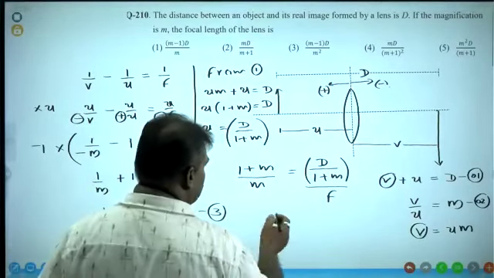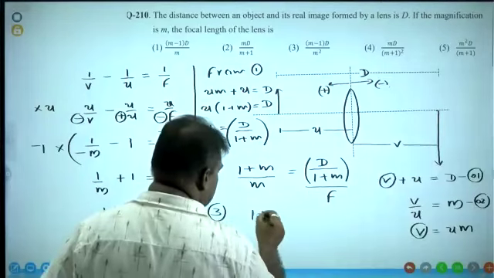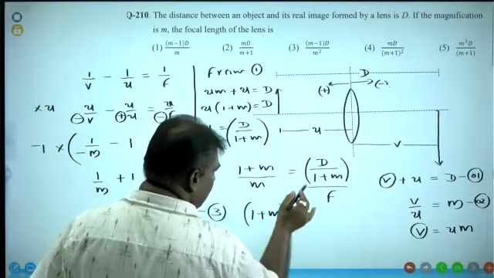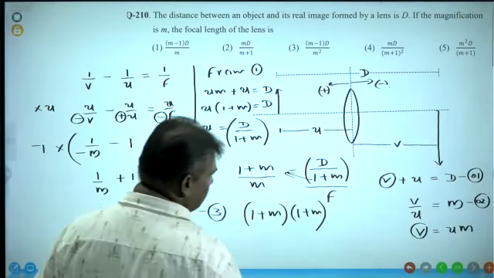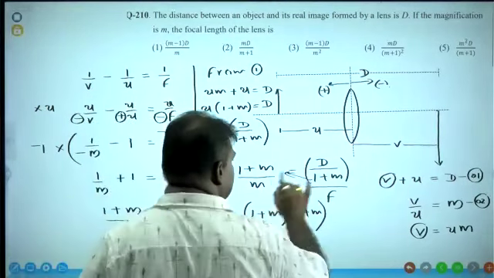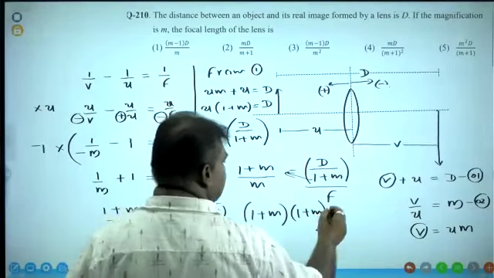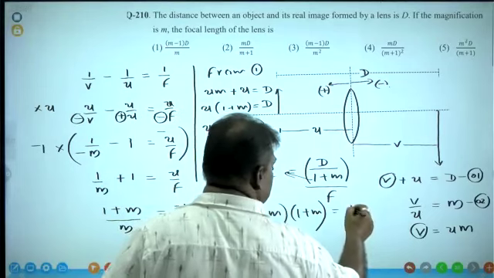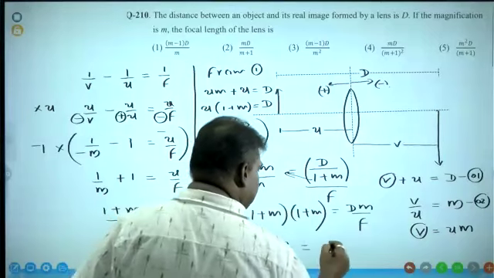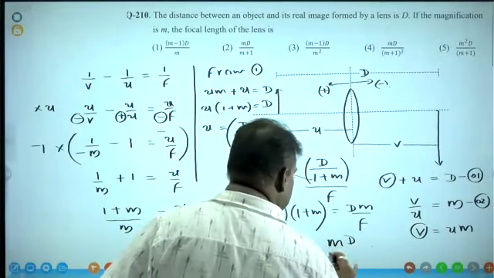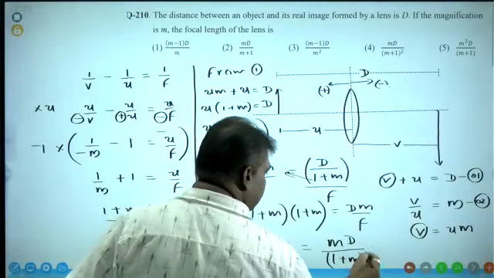So this becomes, cross multiplication of this one, 1 plus M, and these two, we can say DM divided by F now. Then F becomes MD divided by 1 plus M, that squared. Done.